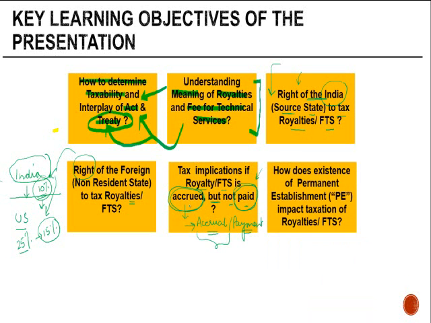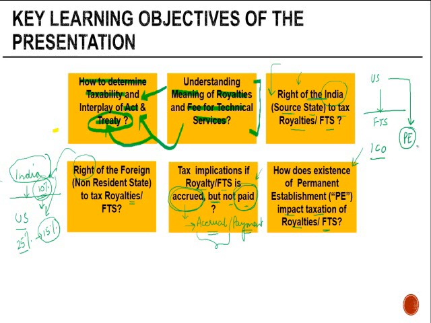The next one is, how does the existence of a PE impact the taxation of royalties and FTS? Now, in many cases, what can happen is that if there is, let's say, a US company which is getting some FTS from an Indian company, this US company may also have a permanent establishment or a PE in India, right?